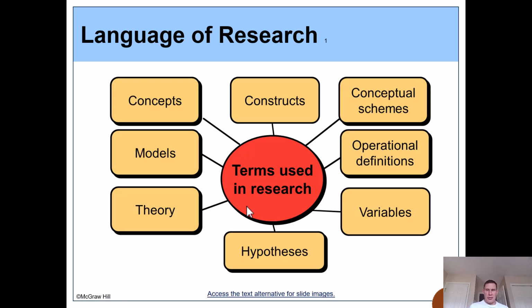So the language of research. These are some of the terms that you often hear in research. Like constructs, for example. Think of a construct as, if I said it's warm, what does that mean? We have to have a way to define what warm actually means, right? So you might say, well, warm is anything over, say, 25 degrees Celsius, or maybe 75 Fahrenheit.